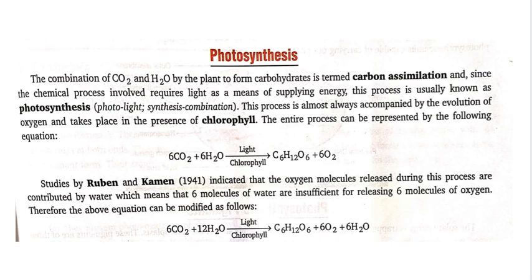Therefore, you can modify the above equation as 6 CO2 plus 12 H2O in the presence of light and chlorophyll gives C6H12O6 glucose plus 6 O2, 6 molecules of oxygen, plus 6 H2O.